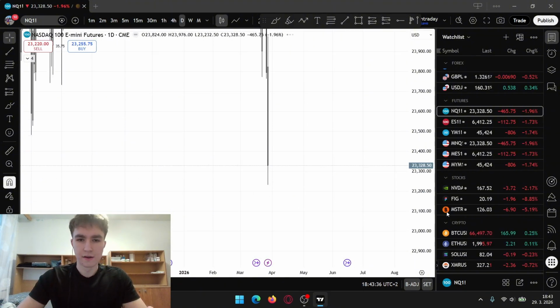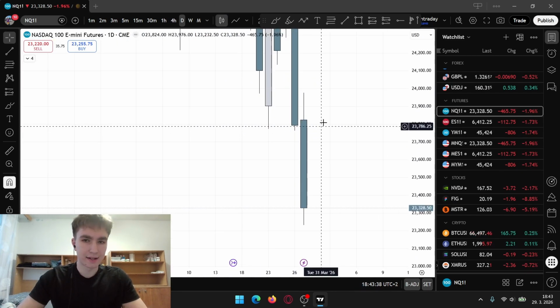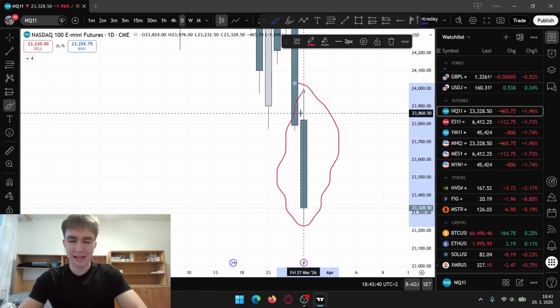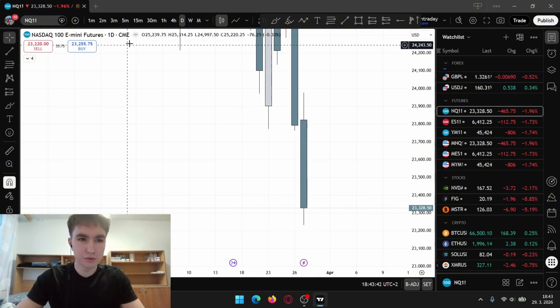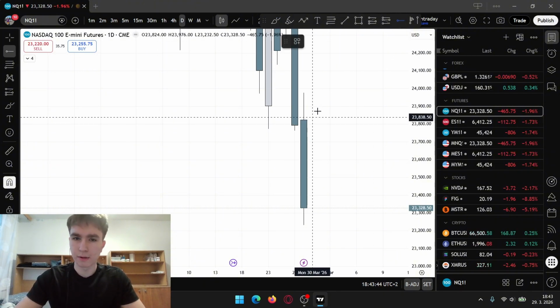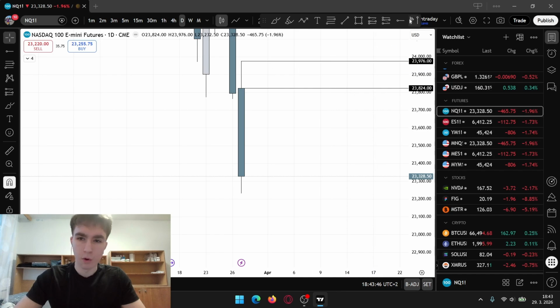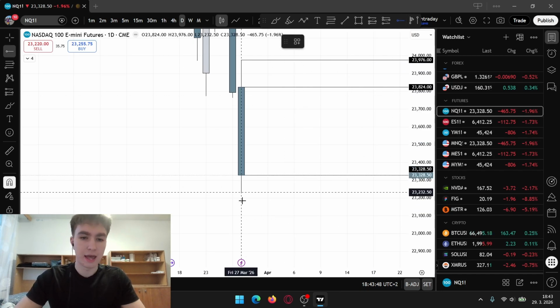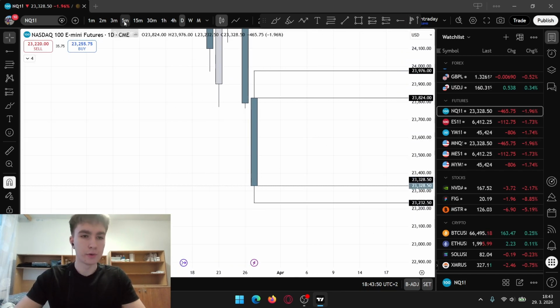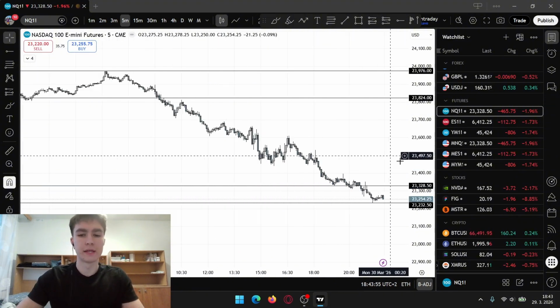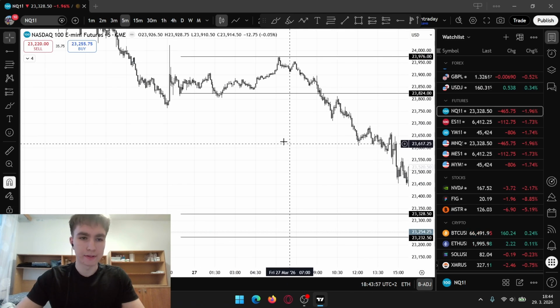You can see that a daily candle doesn't really tell you that much. But if you zoom in, we can mark up the high, the open, the close, and the low of the candle. We can zoom in to the candle while hopping on the 5 minute, and we can see what actually happened.